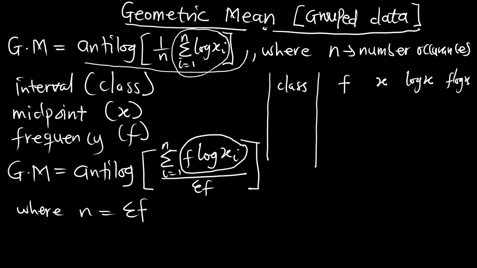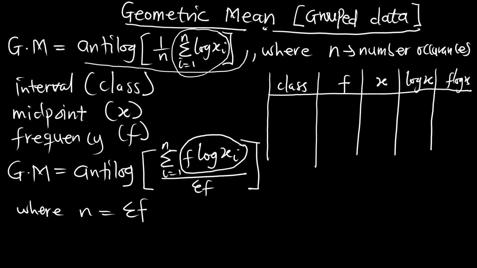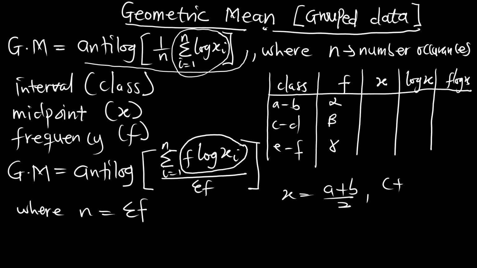So we are going to have a class, say from A to B, C to D, E to F for the class. Frequency, let's call this alpha, beta, and gamma. Our x is going to be the midpoint: A plus B over 2, C plus D over 2, and E plus F over 2.